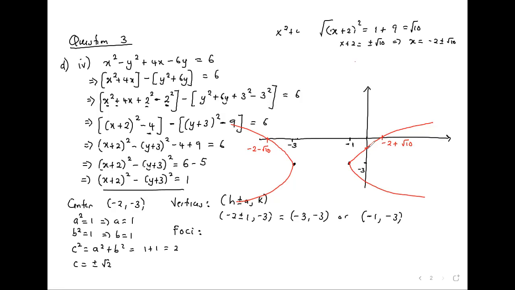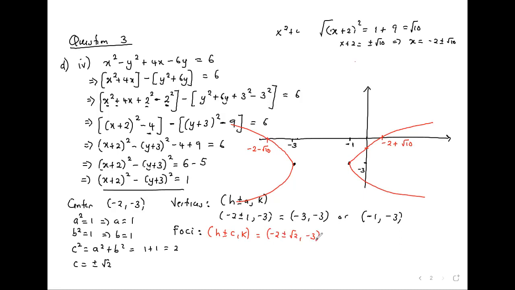Then, what do we need now? We need to know the foci. So the foci, we have the equation again. The foci is given by (h ± c, k), but we have our h, −2, plus or minus the root of 2, comma −3.